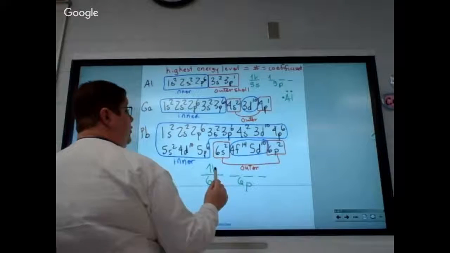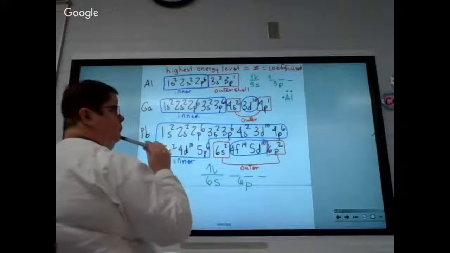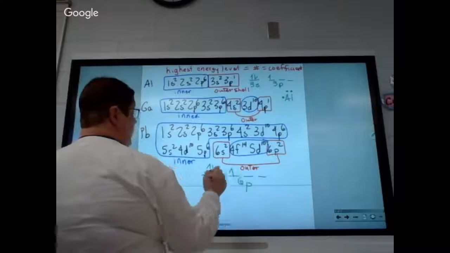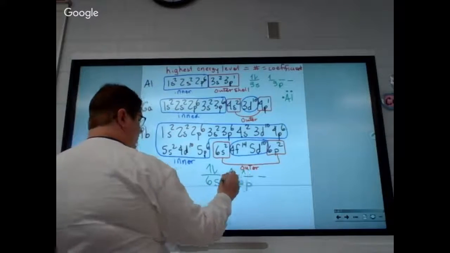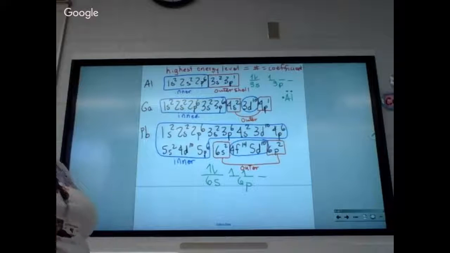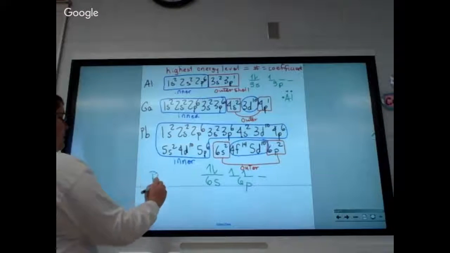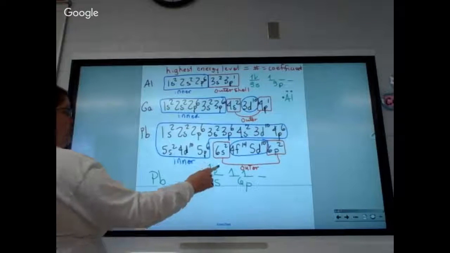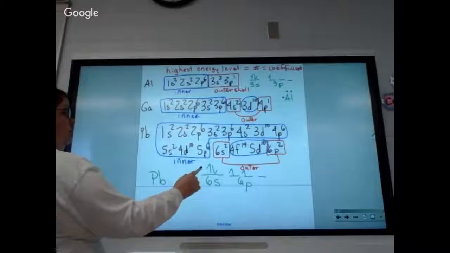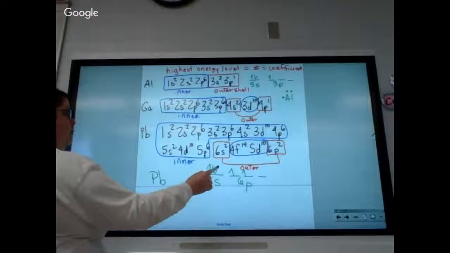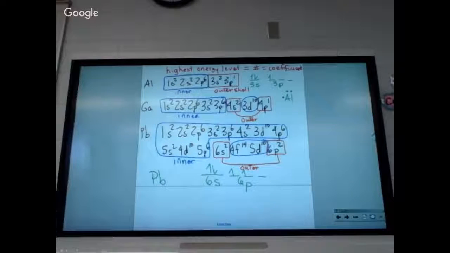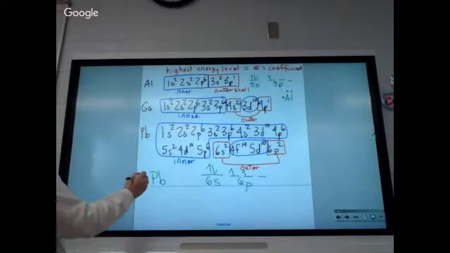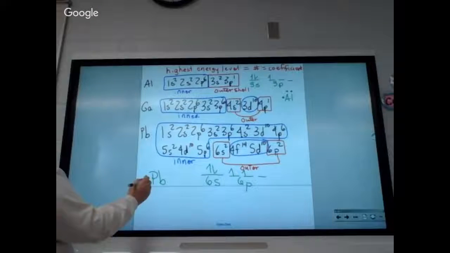How do I draw the 2 arrows, together or separate? Separate. Remember, one goes in one room, the other takes his own room. They're not going to share unless I have to. So when I draw lead's dots, these 2 arrows are doing what? Are they together or separate? So I'll draw 2 dots that are together. This time I'm going to draw them on the side just to show you they can be anywhere.